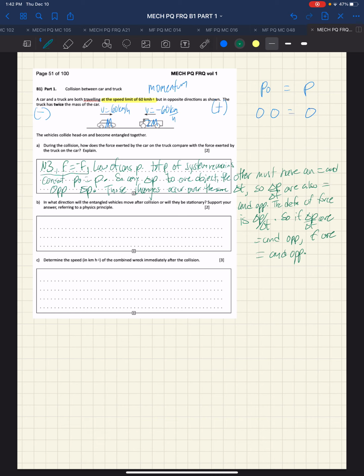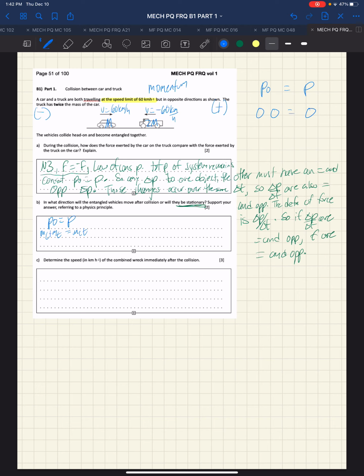So in what direction will the entangled vehicles move after the collision, or will they be stationary? Well, let's check this out. We know the law of conservation of momentum is the initial equals the final. And beforehand, we have the momentum of the car plus the momentum of the truck. And that's going to be equal to the momentum of the car-truck. Now, whatever the momentum is initially is going to give us the overall result.